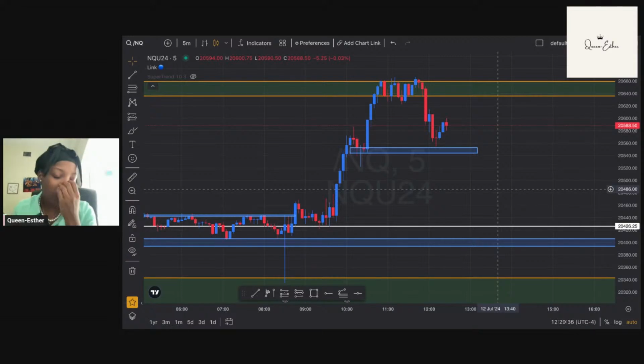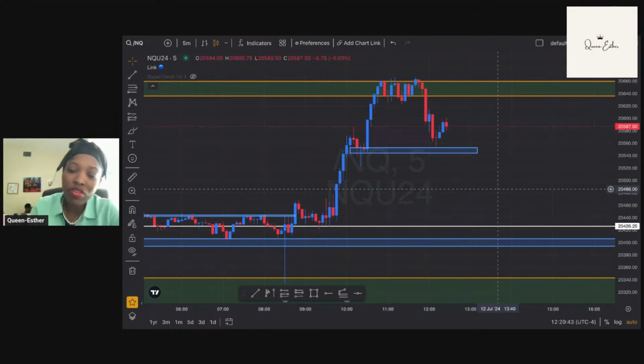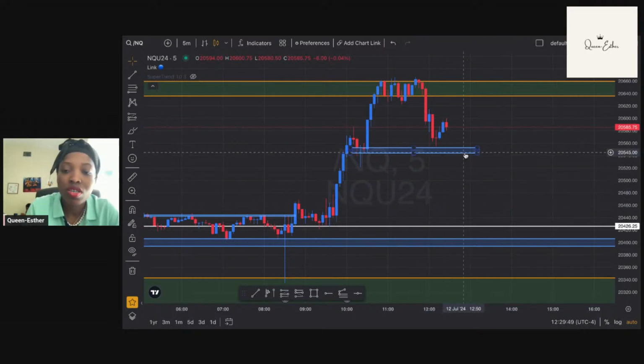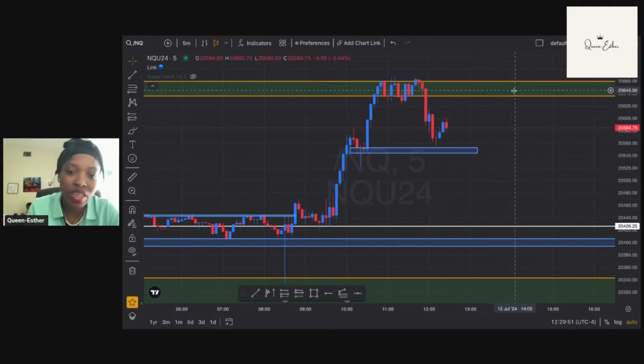I use wedges and pennants as well. So I basically combine all three for my confirmation, which is very powerful. But then there's the obvious support and resistance that you could literally scalp to make money out of the market.